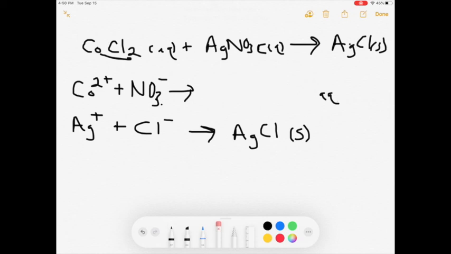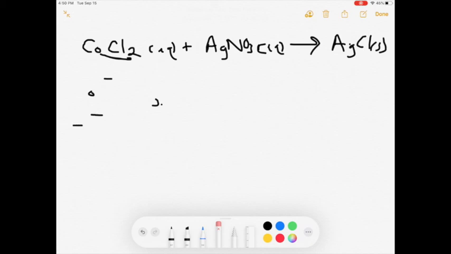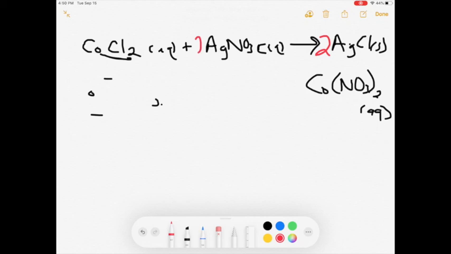Co(NO3)2 aqueous. Okay, so we want to balance. So we have 2 chlorine on the reactant side. We need 2 chlorine on the product side. That gives us 2 silver, so we need 2 silver on the reactant side, which also balances our nitrate, which we have 2 of. And then cobalt, we only have 1. So we are balanced.